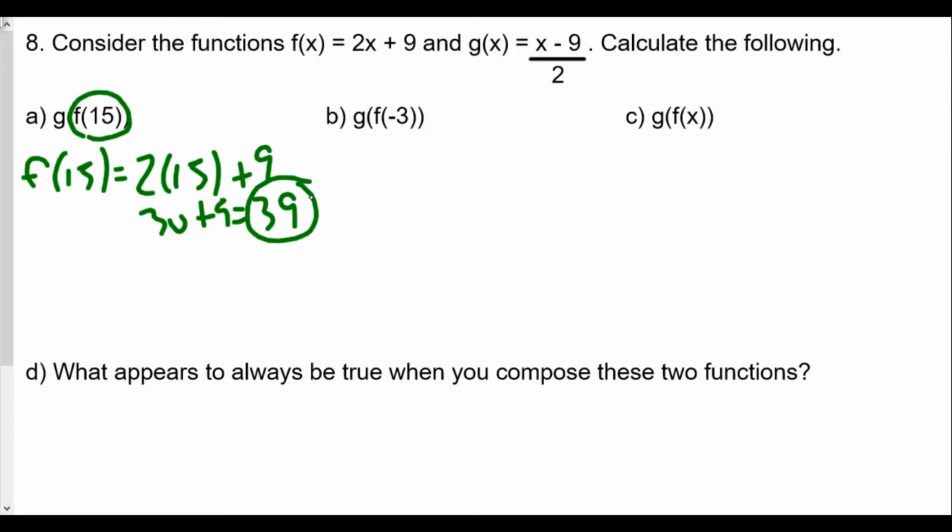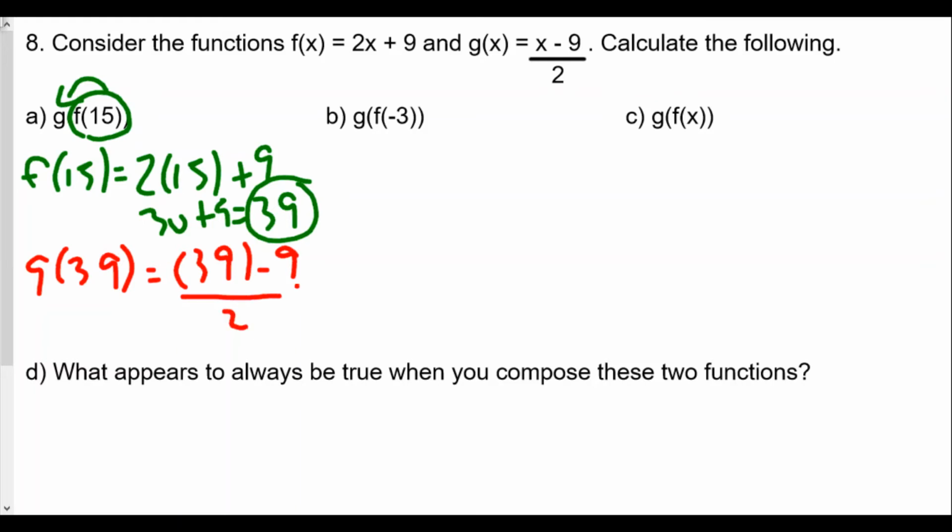This value will go into g. So g of 39 is equal to 39 minus 9 over 2, which is 30 over 2, which is 15. Interesting.